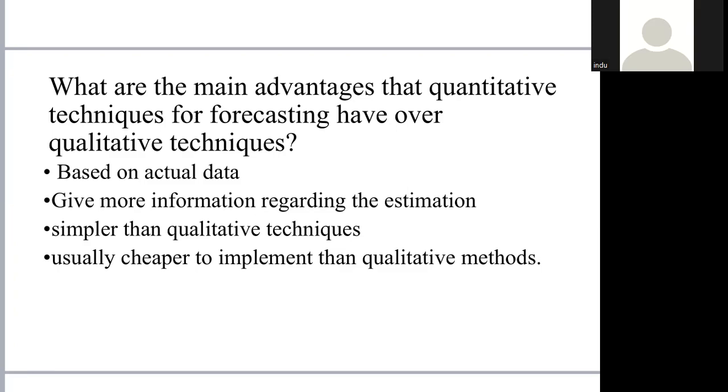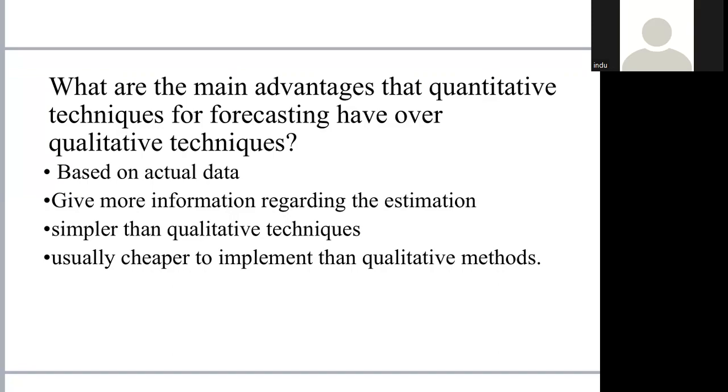Normally, when we study forecasting methods, we have understood there are types of forecasting method. One is quantitative forecasting method, the other one is qualitative forecasting techniques, right? Quantitative and qualitative. So in this section, what are the advantages of the quantitative techniques over qualitative ones, right?